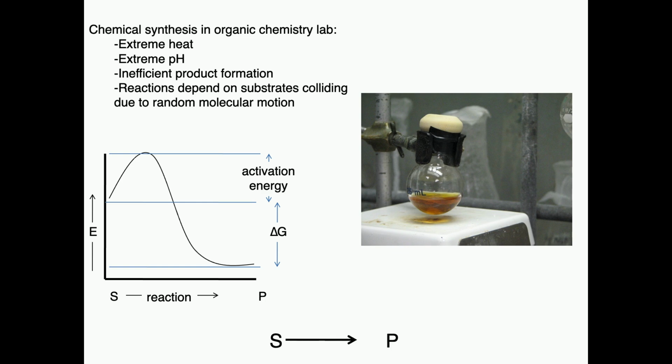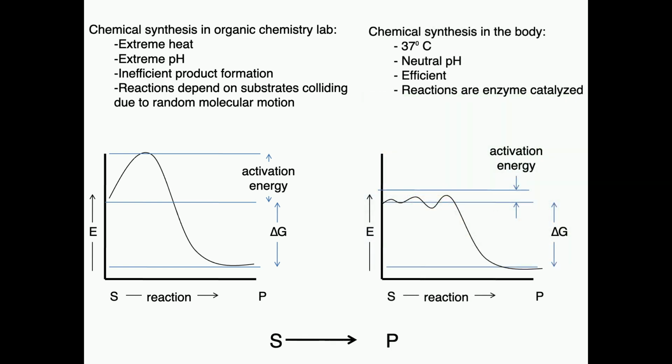Okay, so let's contrast that with chemical synthesis in the body. We have a nice, comfortable temperature, right? Neutral pH generally, although there are different pHs in different compartments of our body. We never, ever get unintended products. Well, I think that's fair to say, right? So phosphoglucomutase, that's going to either make glucose 6-phosphate or glucose 1-phosphate.